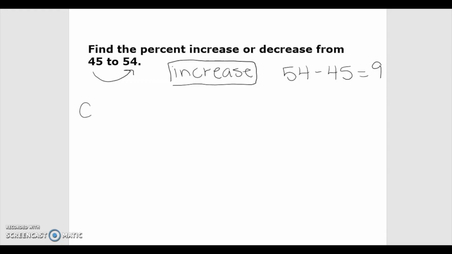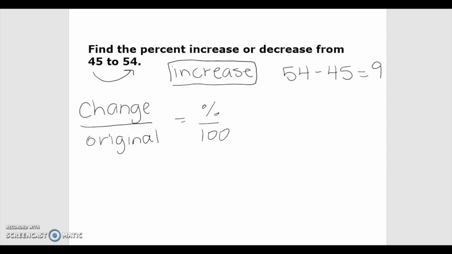So when I go to set up my proportion, I have change. How much did the number go up compared to the original? It's really important that we're always comparing it to the original amount, equals the percentage over 100. So my amount of change, the distance between the two numbers on the number line, is 9.